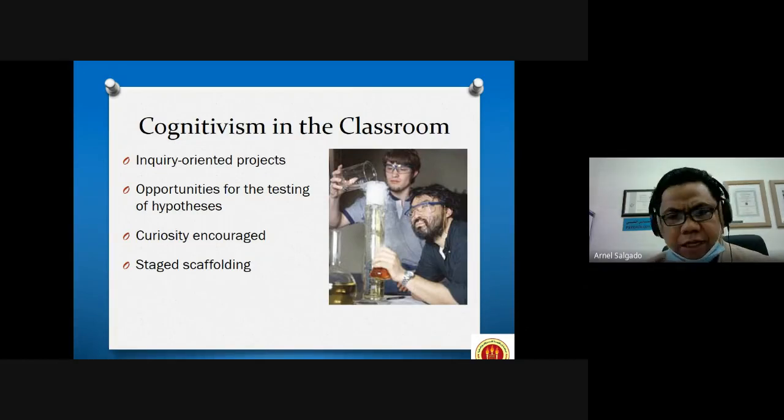We allow the students to think, to process information, to share. By means of sharing, hypothesizing, looking into questions and the process, the students will be able to come out with their own ideas. And this is actually very good. So teachers will facilitate. Teachers will just be there as a scaffold.